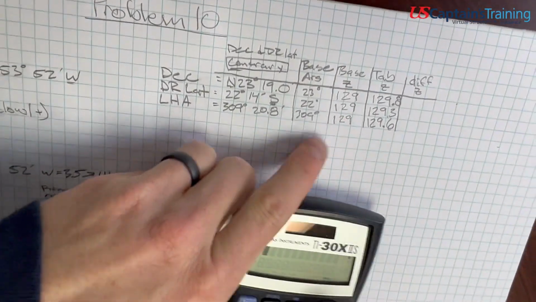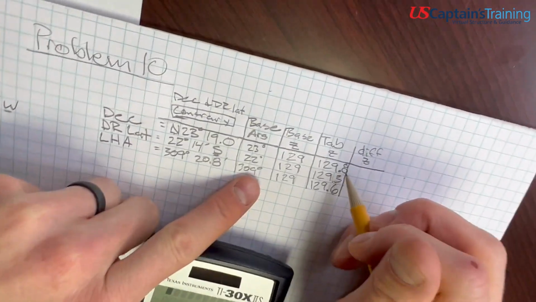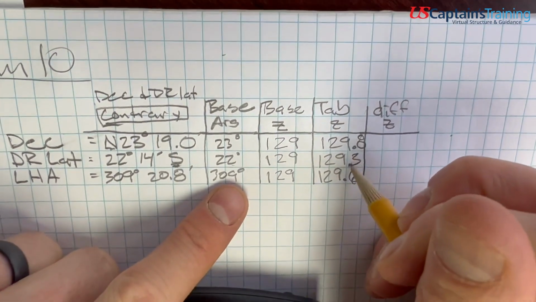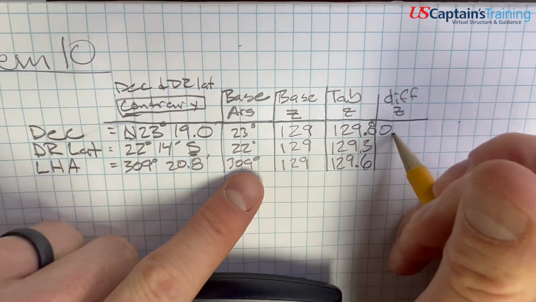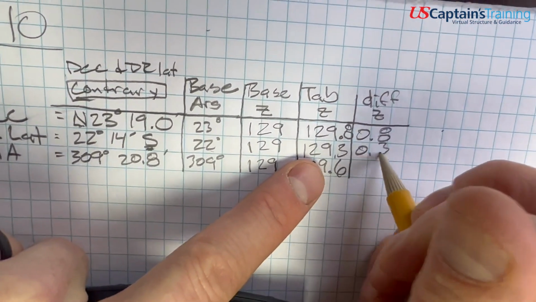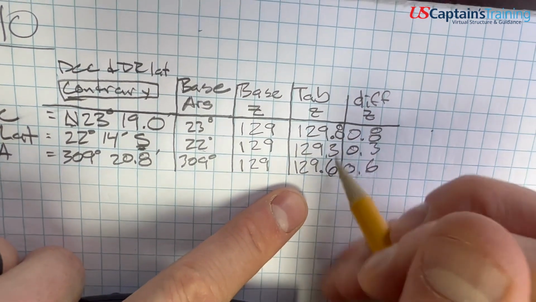So these are actually all pretty easy because see how they're all 129, 129. And so these are all more by their decimals. So 0.8, see 0.3, 0.6.